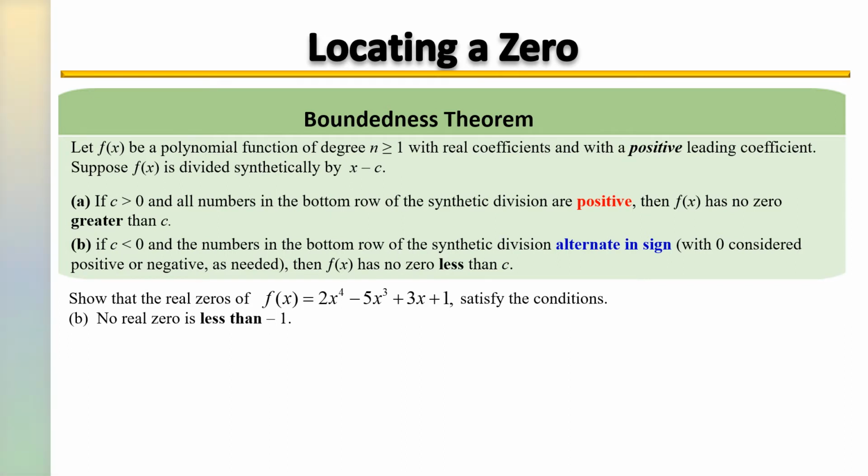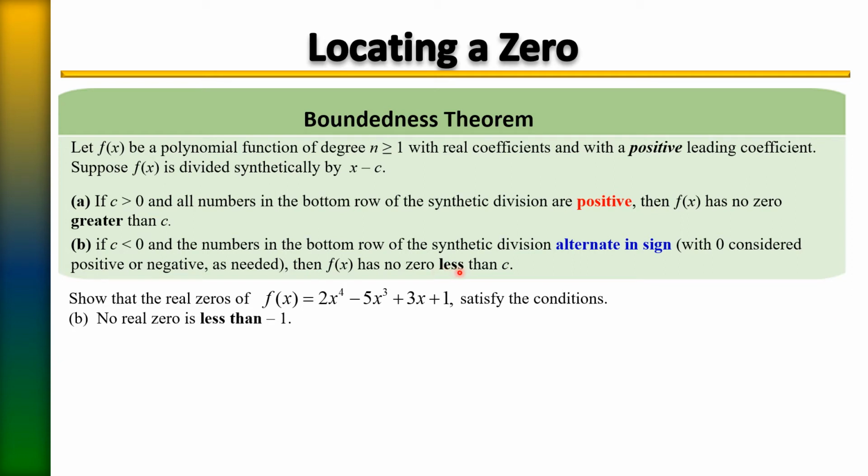In this example, we're asked to show that the given polynomial function has no real zeros less than -1. So we're going to look at the category under which we're looking for no real zeros less than c, and again, c here is -1.